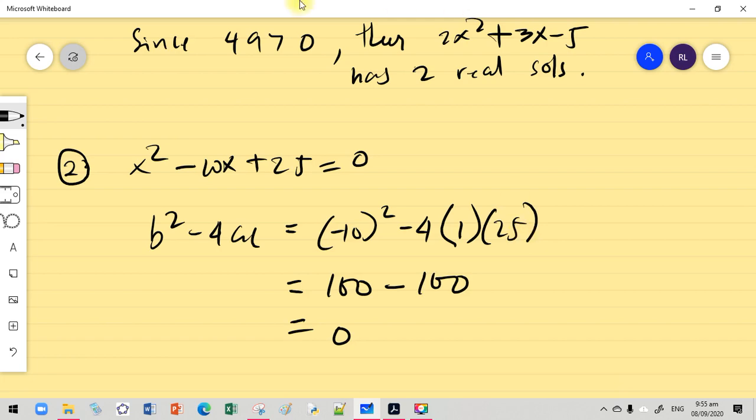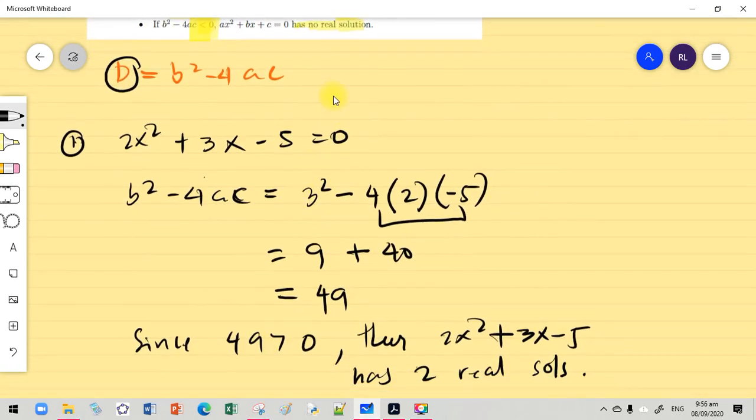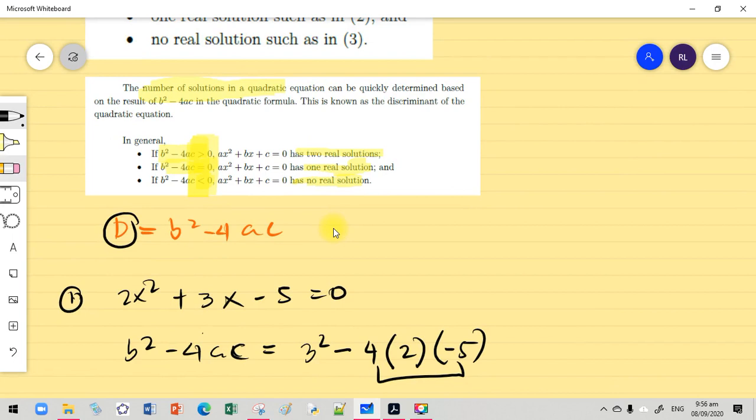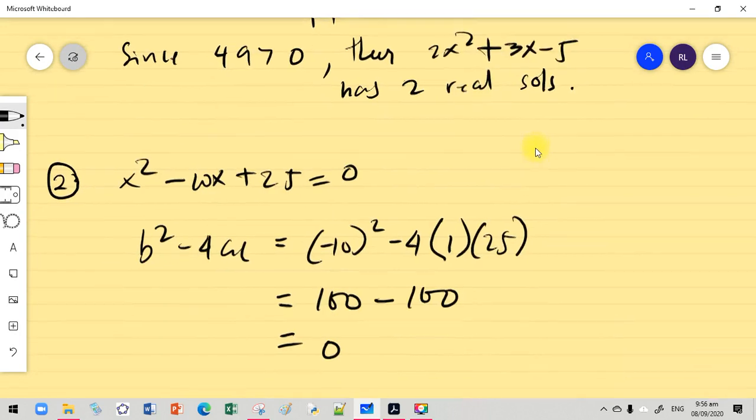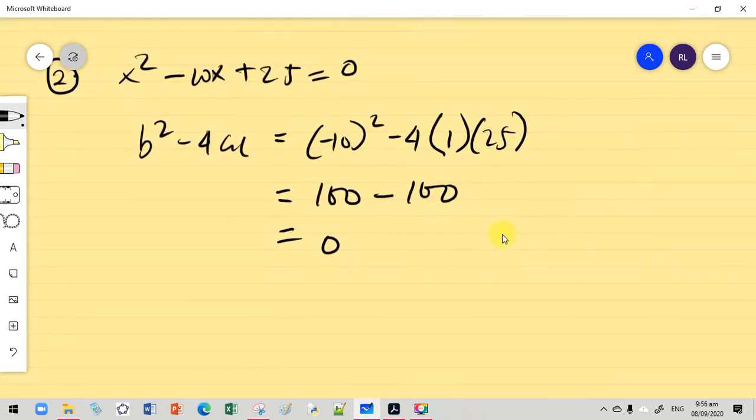Since the result is 0, what does it tell us? It tells us that if the result is 0, the equation has only one real solution. So therefore your D is equal to 0.